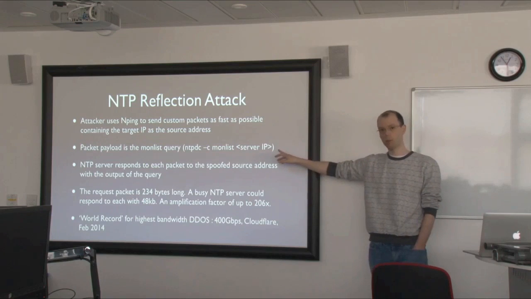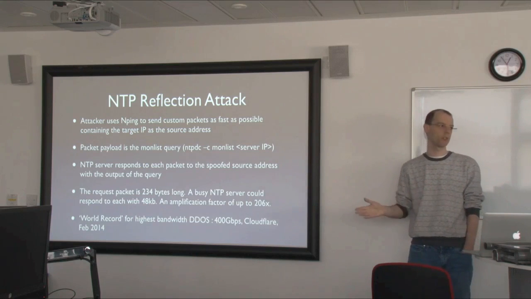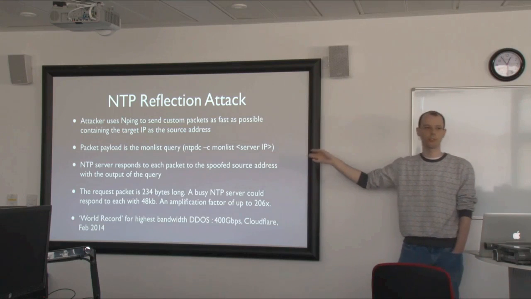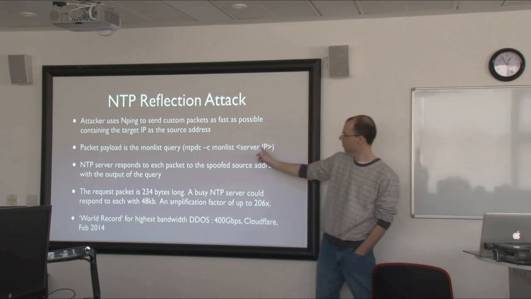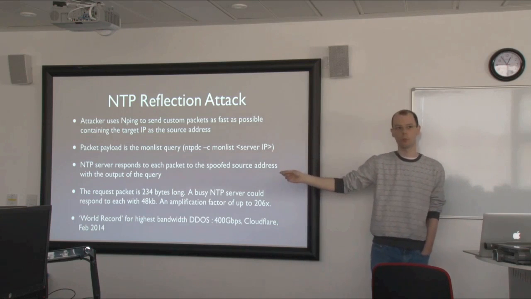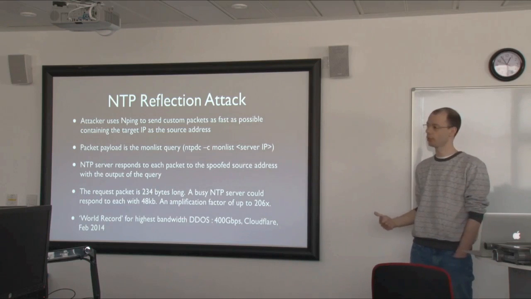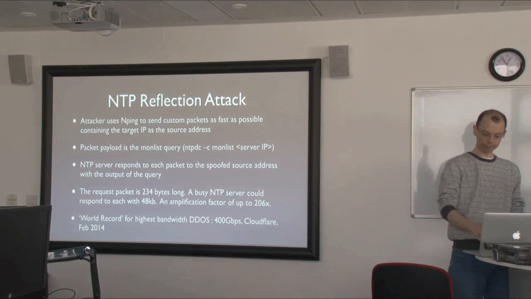So that list can be quite long. If you've got an internet host that's serving time requests to many devices, that list could be quite long. Theoretically, up to 600 devices would respond. So one 70-byte string could get a response 200, 300 times larger. So that's the amplification you're looking for: as much more traffic as you can from a small enough request.